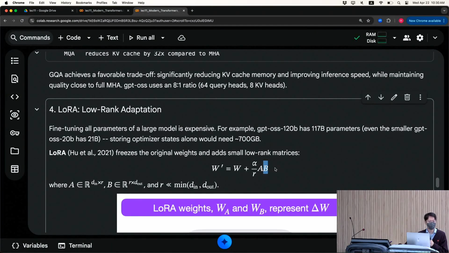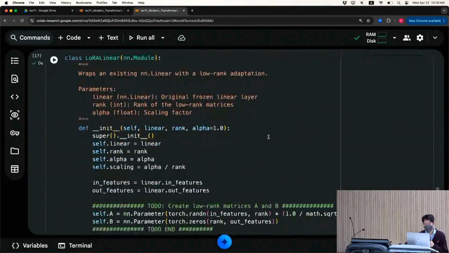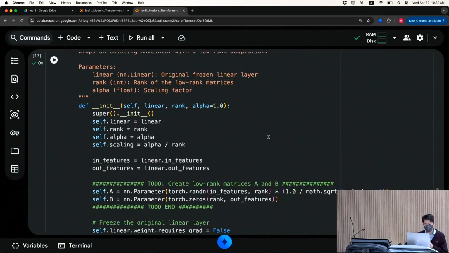Initially, we simply match the setting that we were trained on, and then we slowly backprop through matrices A and B to make minor adjustments. So the idea is very simple, right?